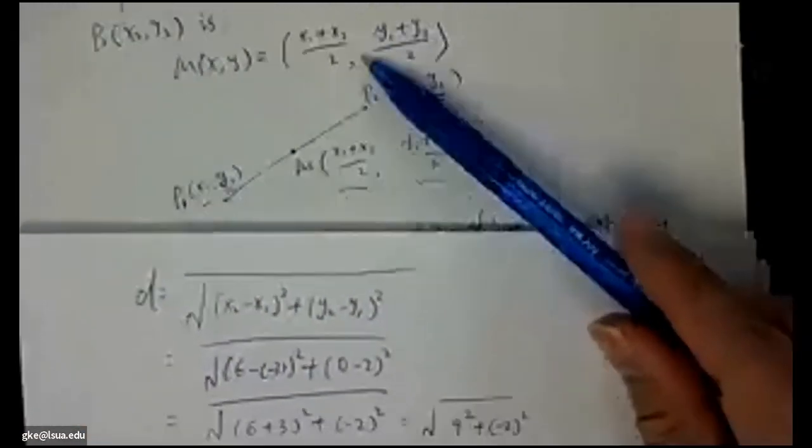For the midpoint formula, it's just the average of these two.